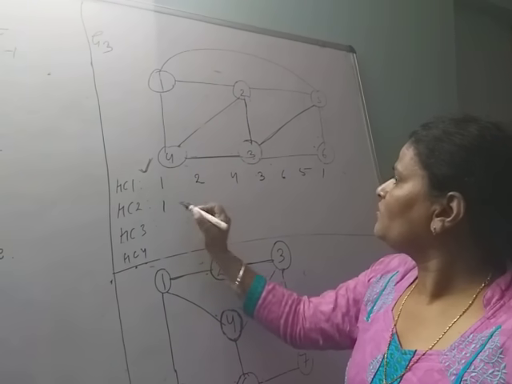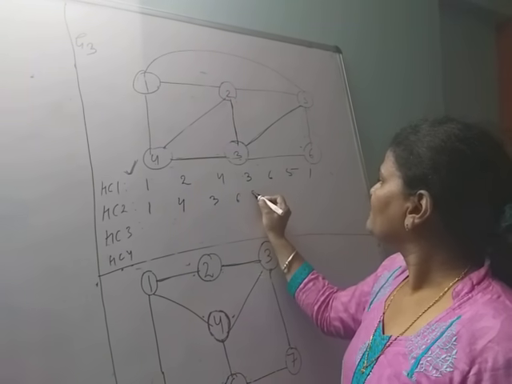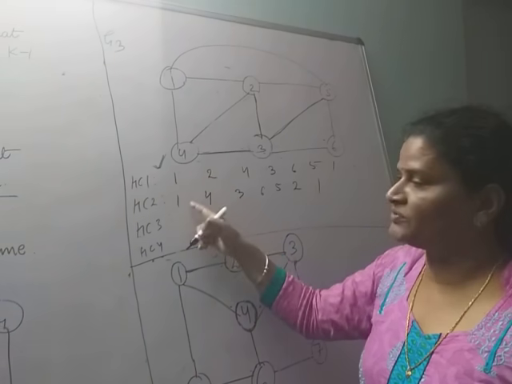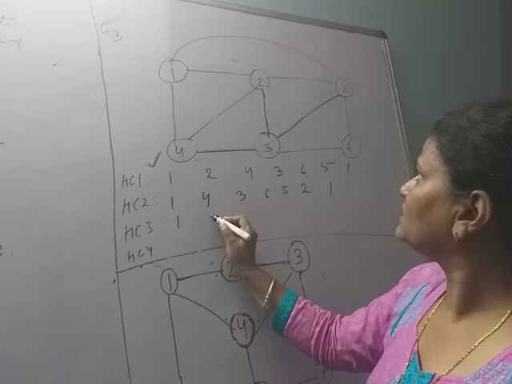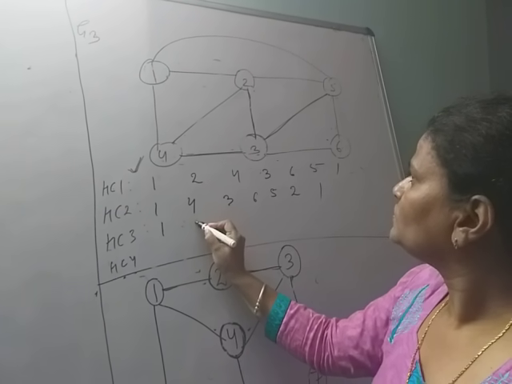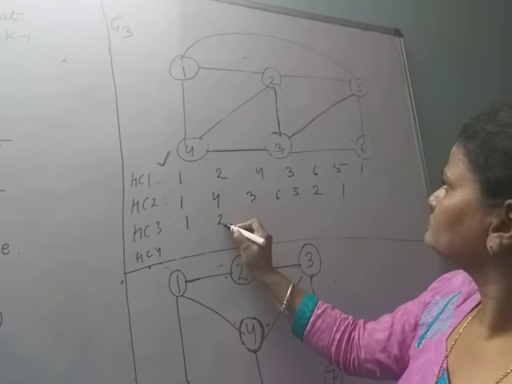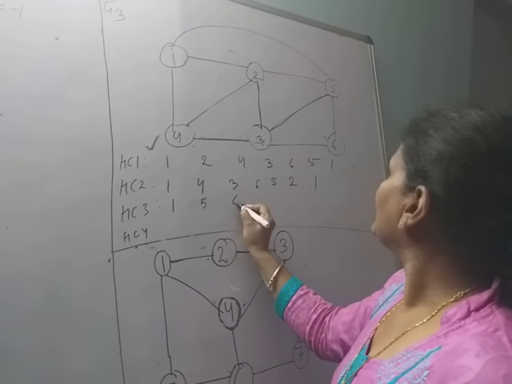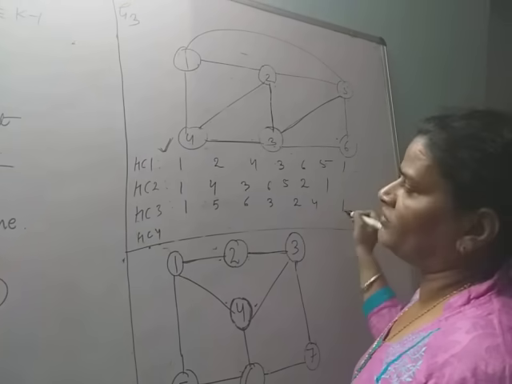Now 1, 4, 3, 6, 5, 2, 1 is a second cycle, which is different from the first. Then 1, 5, 6, 3, 2, 4, 1 and so on.